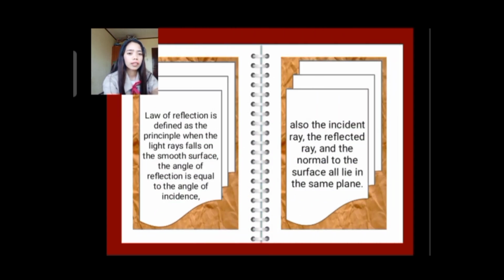So the law of reflection is the principle that when light rays fall on a smooth surface, the angle of reflection is equal to the angle of incidence. Also, the incident ray, the reflected ray, and the normal to the surface all lie in the same plane. So that is the law of reflection.